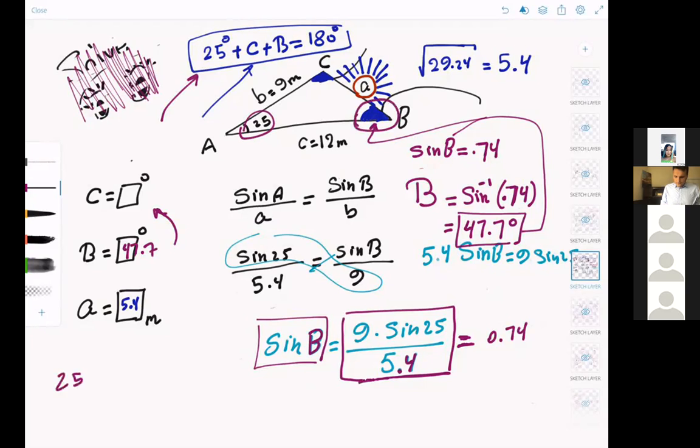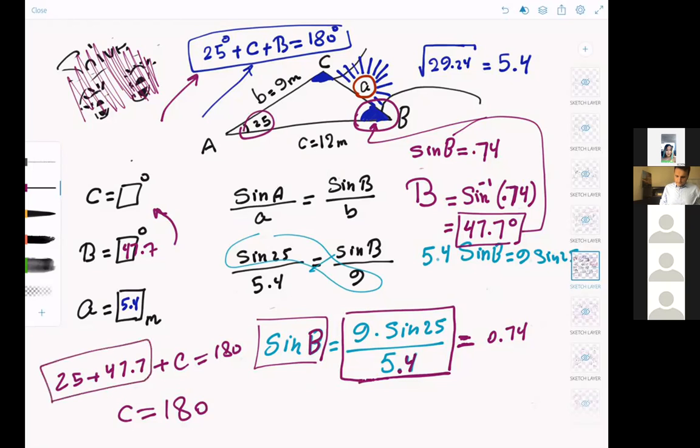So we have 25 plus 47.7 plus C equal to 180. C will be 180 minus 72.7, which is 107.3. Correct? Let's go with 107.3.